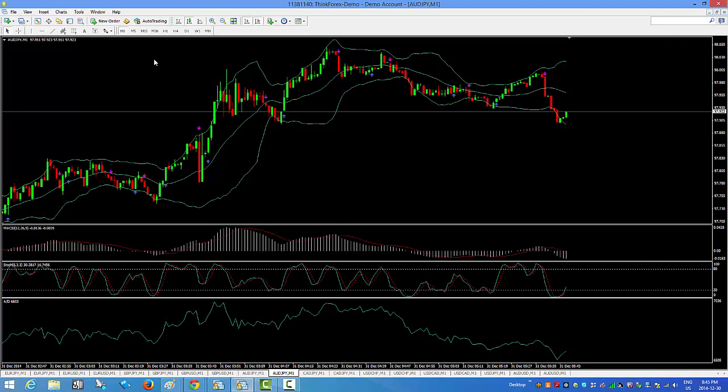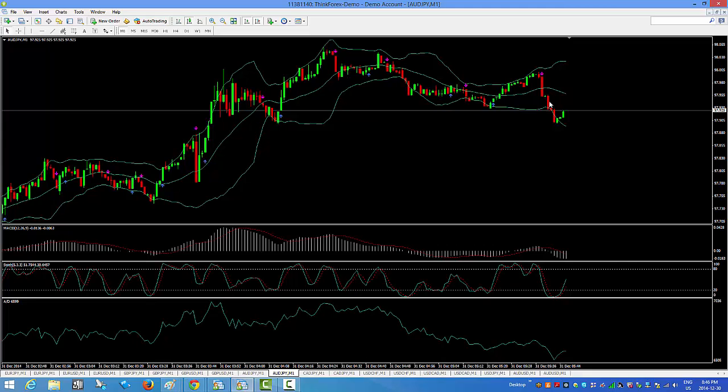There's the Australian dollar, Japanese yen, and 1 minute charts, candlesticks on here. Each candle represents 1 minute. So there we were moving along up there, bumping up against the Bollinger Band. Went short right in here and it bounced down.